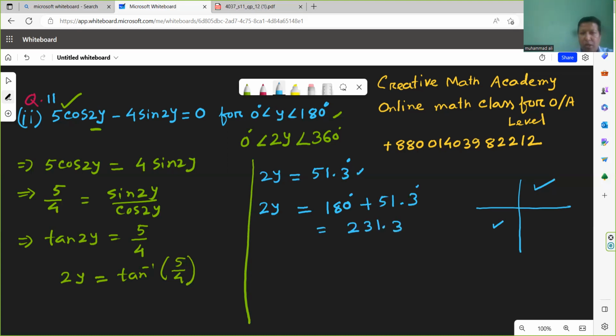So we have two results, 2y equals 51.3 degrees and 231.3 degrees. So y equals, dividing both sides by 2, we get 25.7 degrees and 115.7 degrees.